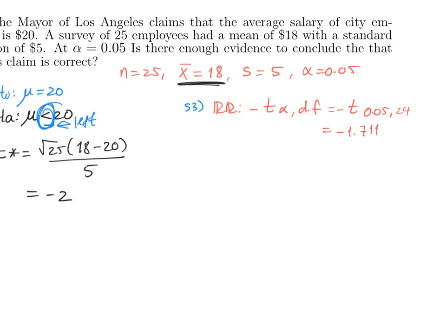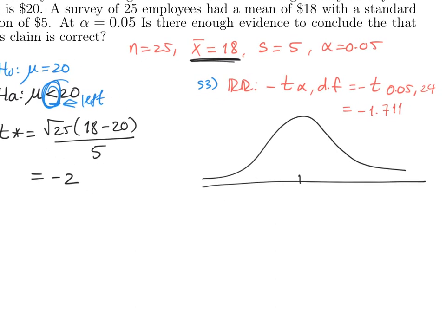711. All right, so now remember that the rejection region has to be in which side? The right or the left? The left. Why? Because it's negative, right? So you have 0. You have negative 1.711. So this part is the rejection region.